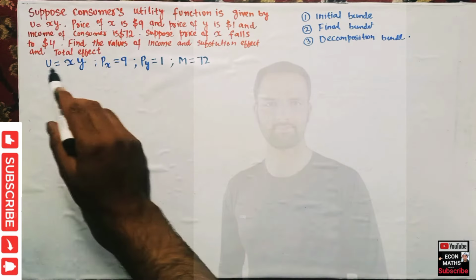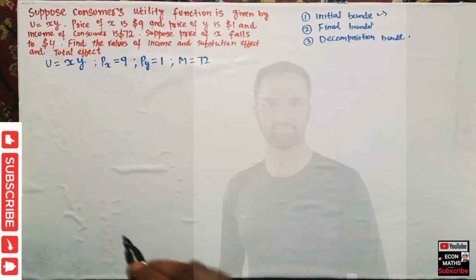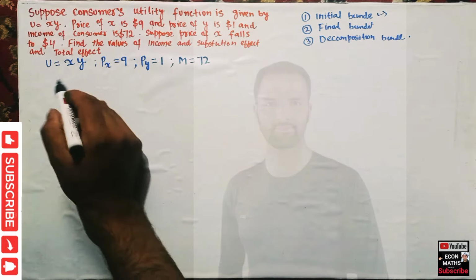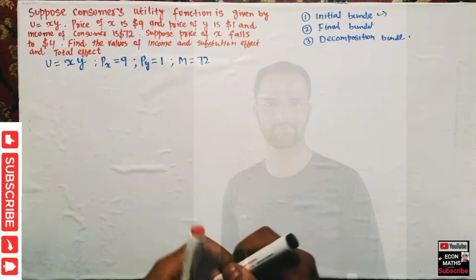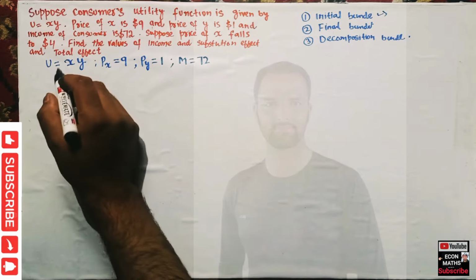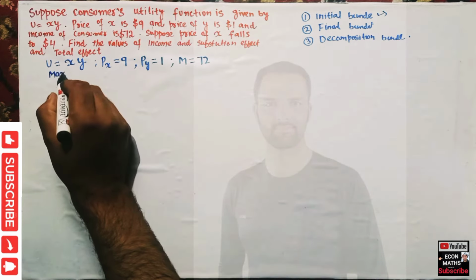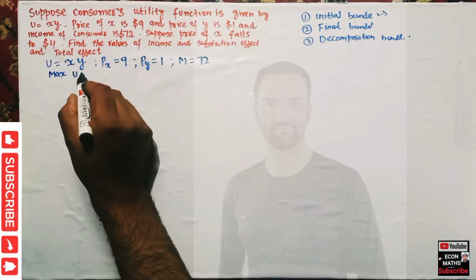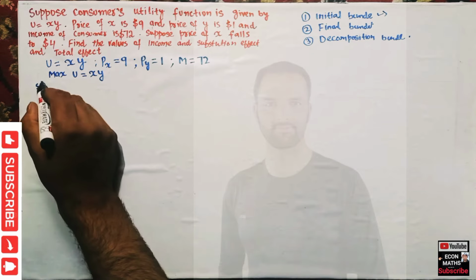So these variables are for our initial bundle. First we need to find the initial optimal consumption bundle. That means we need to maximize. So what is the condition for optimality? We need to maximize our utility function, that is u equals xy, subject to our budget constraint.